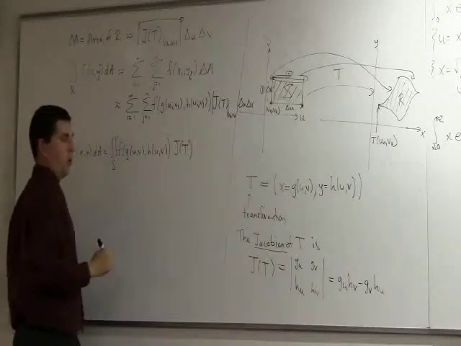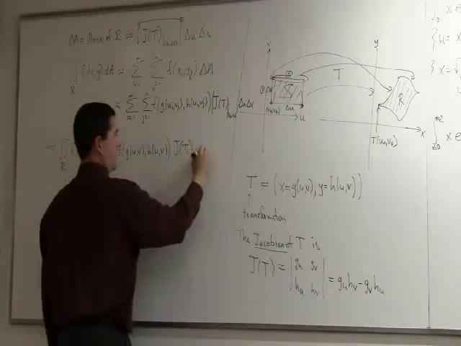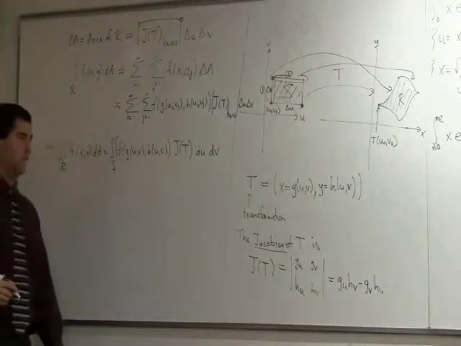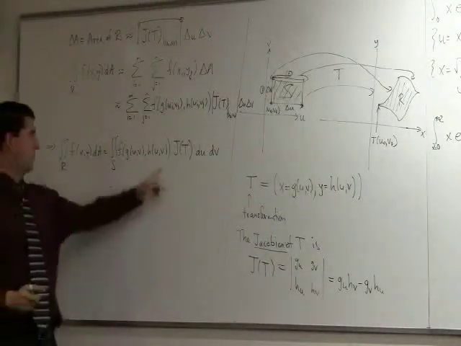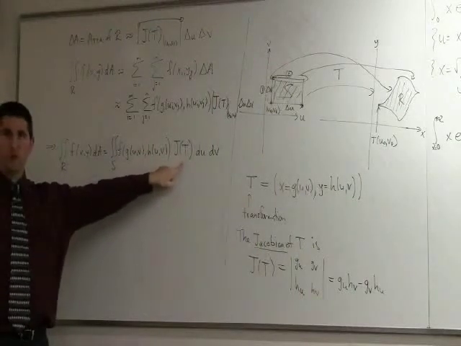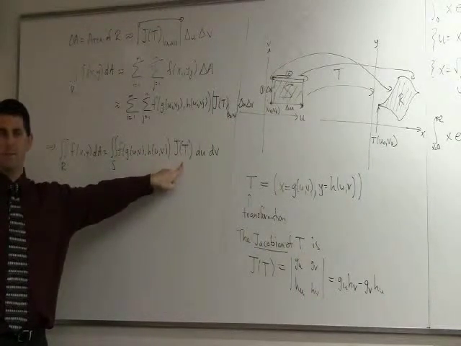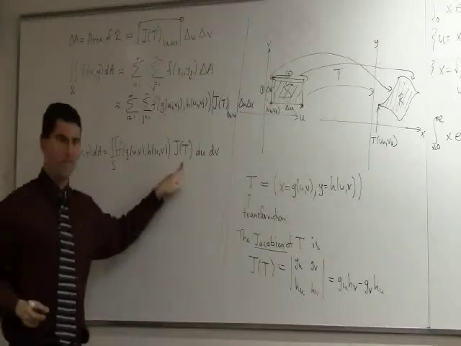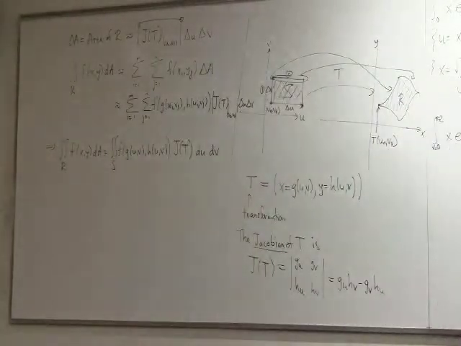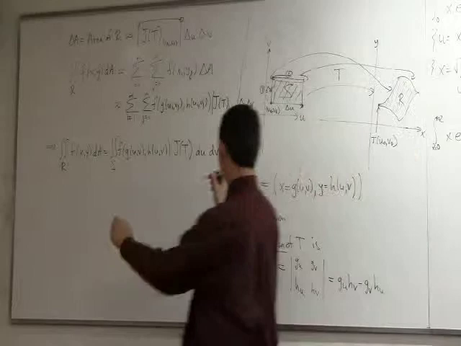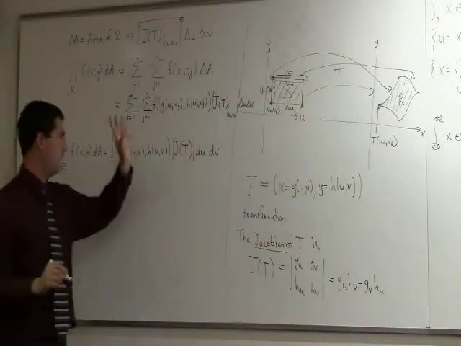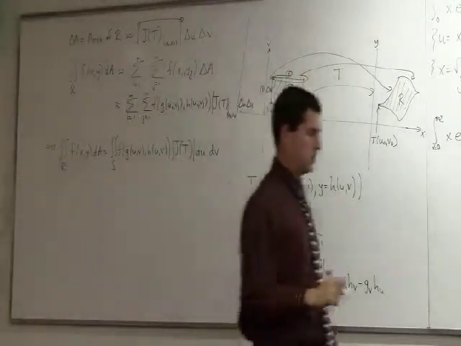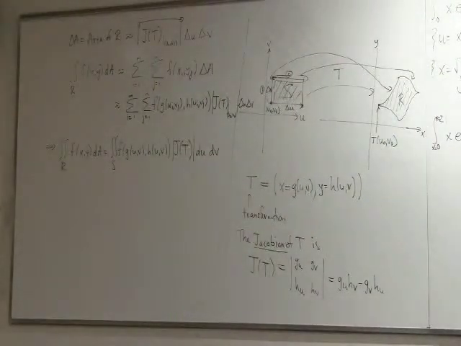So it becomes the Jacobian times du dv. So this Jacobian, that's the extra garbage that you're going to pick up every time. Oh, I forgot the absolute values. In the limit, of course, you don't need to evaluate at this point u naught v naught, because that's changing.